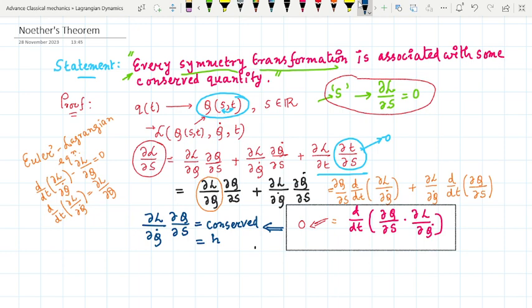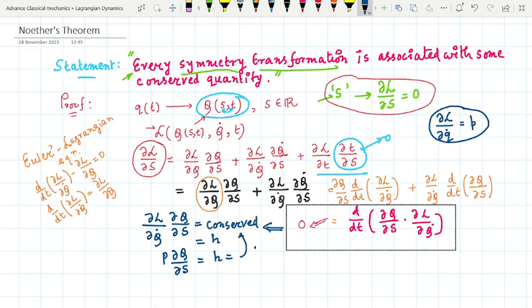Now again from Lagrangian mechanics we know that ∂L/∂q̇ simply means p. So this can be represented as p ∂q/∂s is H, which is conserved.